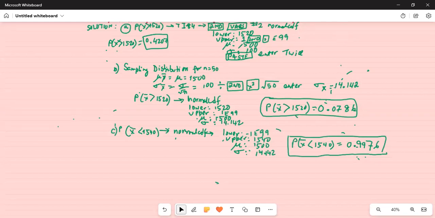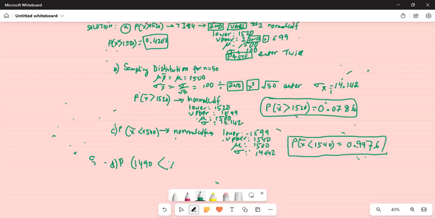So, D: X bar is between 1490 less than X bar less than 1550.